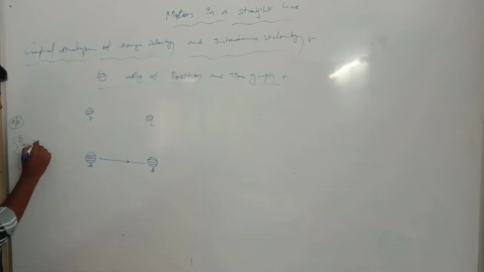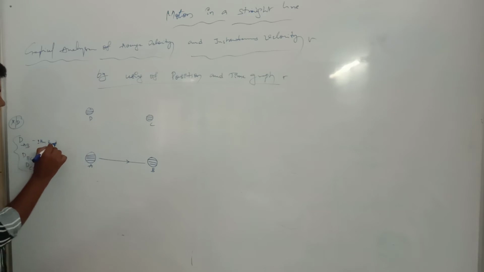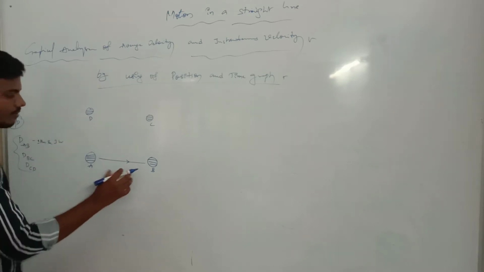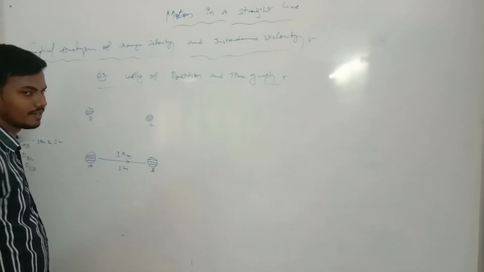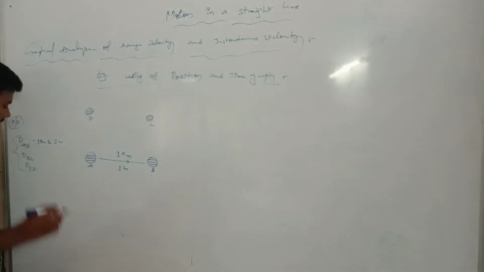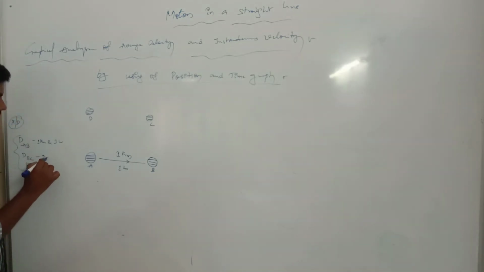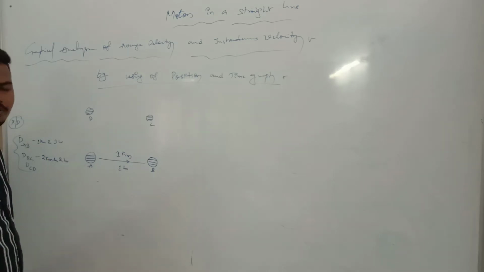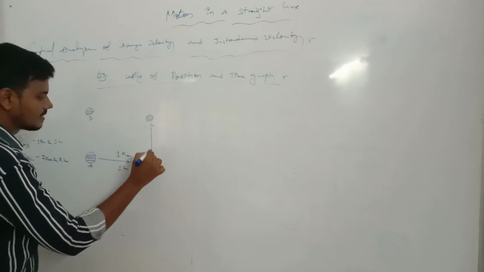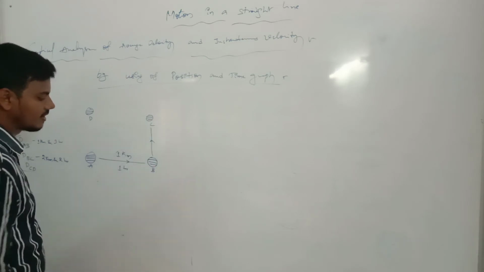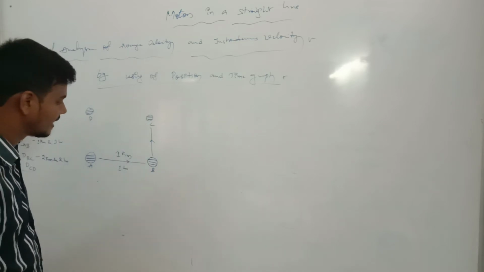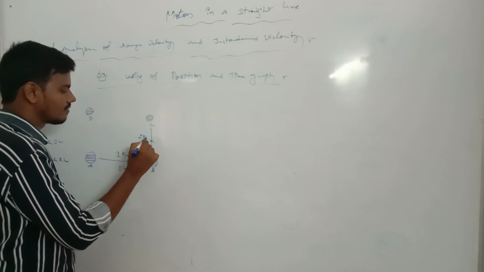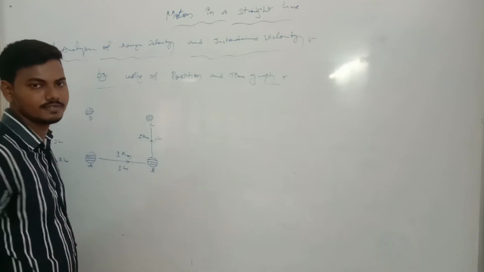Again, the same: 1 kilometer and 1 hour time period. Again at B to C, 2 kilometers and 2 hours of journey. This is the representation. When an object moves from B to C, there is 2 kilometers of displacement in a 2 hour journey.